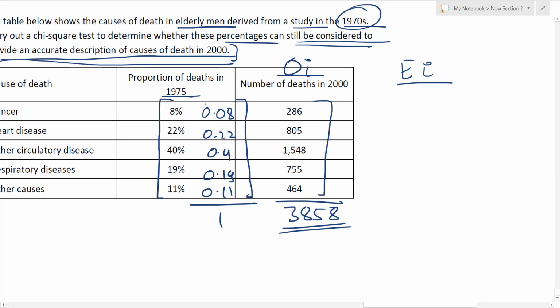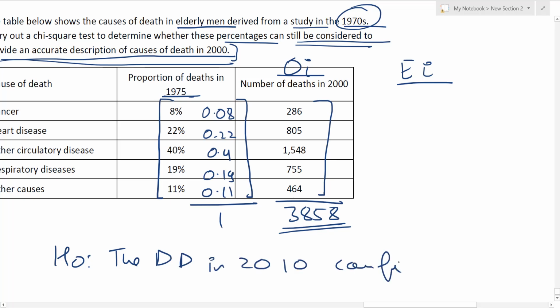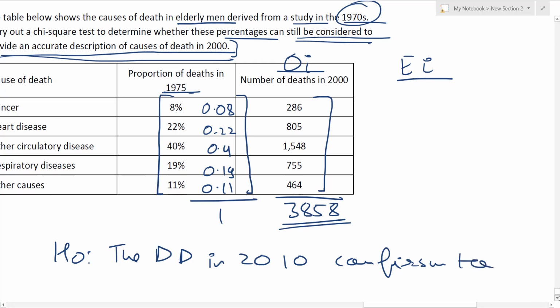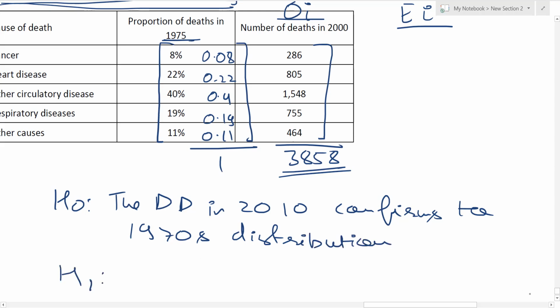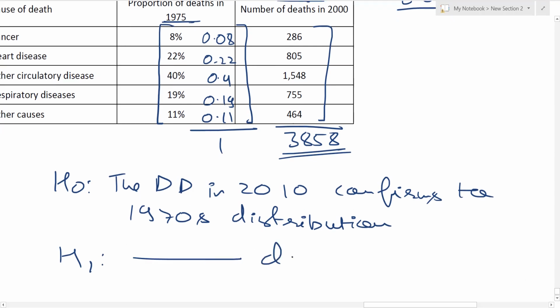So our null hypothesis is that the death data in 2000 conforms to the 1970s distribution, and the alternative hypothesis is the opposite: that the death data does not conform to the 1970s distribution.